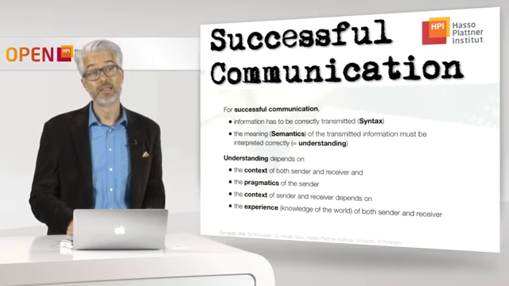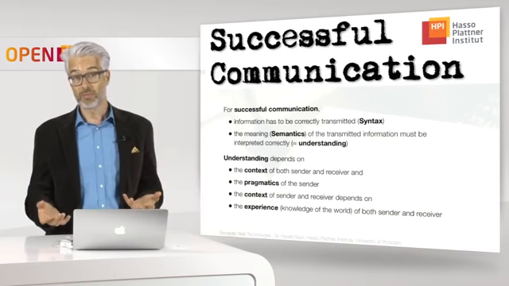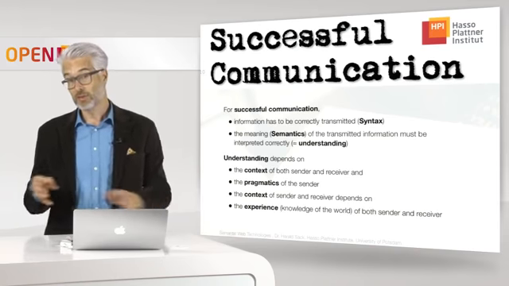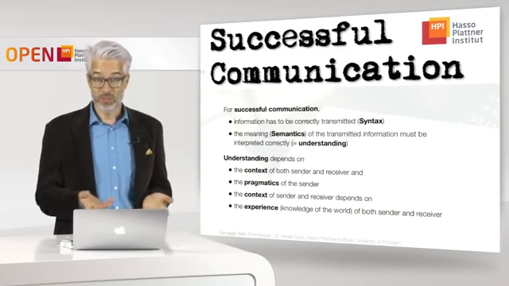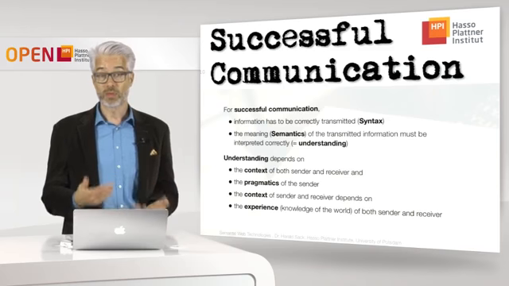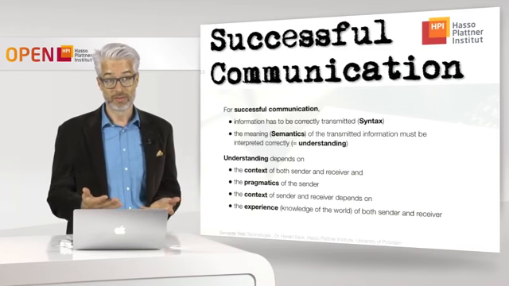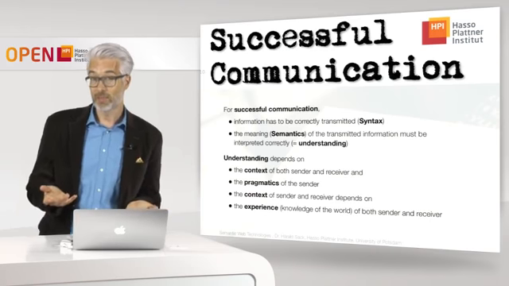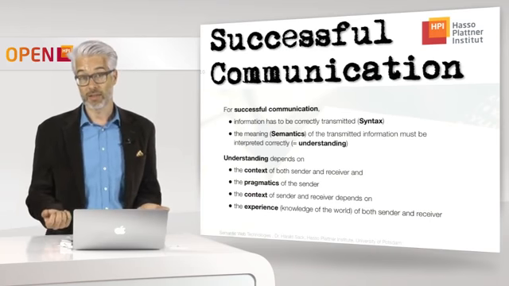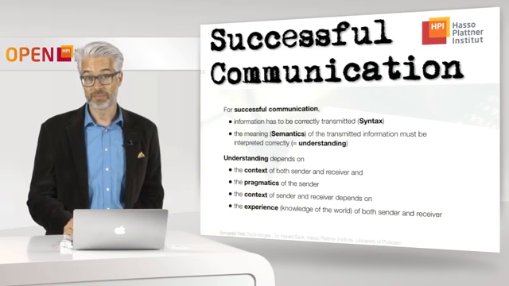And then, of course, both might have the same or a different context. Depending on these contexts, the transmitted message might be interpreted in a different way. And if the interpretation is different, then maybe we do not understand each other. So this is a common everyday problem.